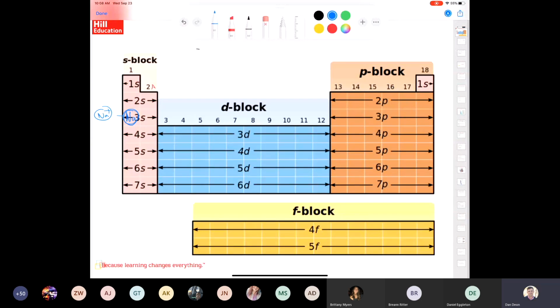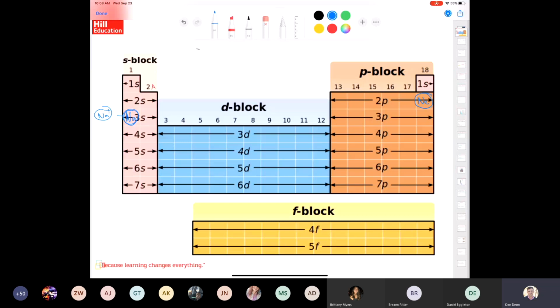What's the nearest noble gas? Not the noble gas that precedes it or follows it. That wasn't what I said. I said the closest noble gas to sodium. Not a trick question. Aurora says it's neon. She's absolutely right. Joel says the same thing.